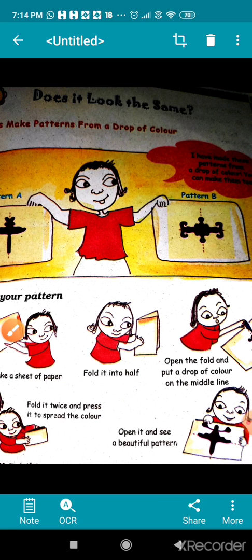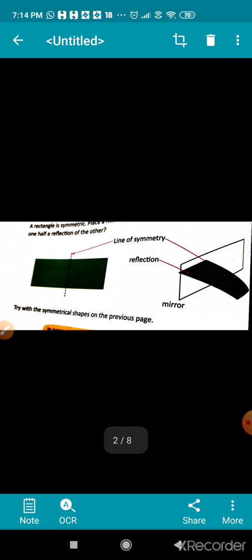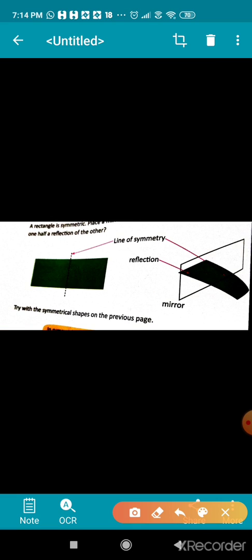Okay, now let us see this example. Here is a rectangle, and on the side of the rectangle, across the rectangle, place a mirror. Here you can see if the mirror is placed like this, you will get image of this side to this side.